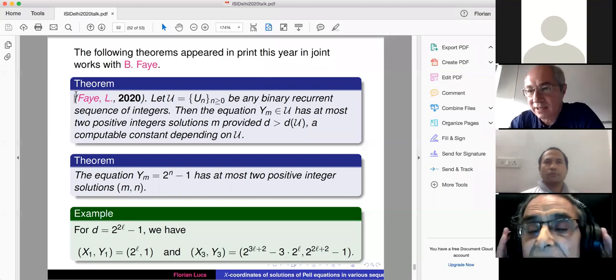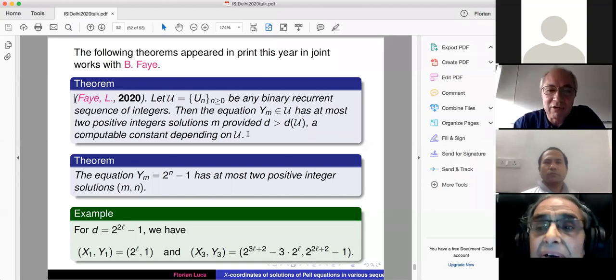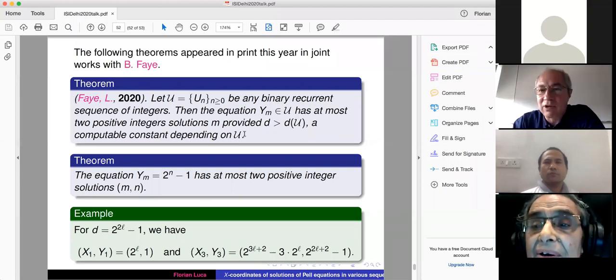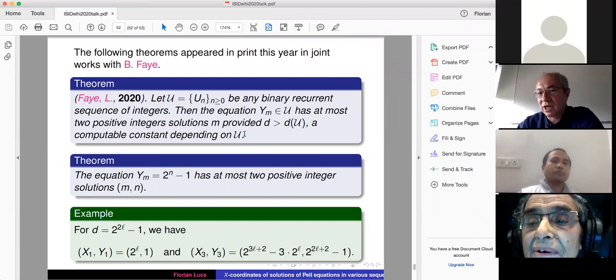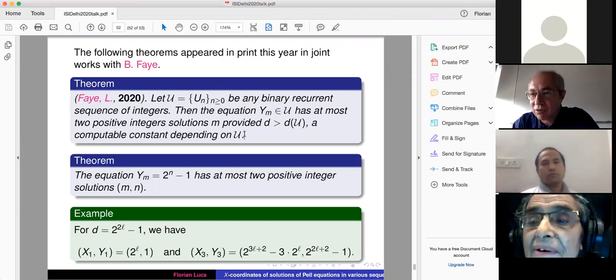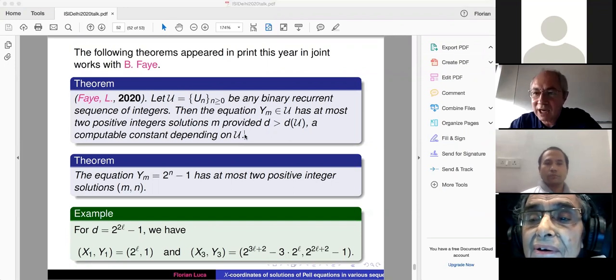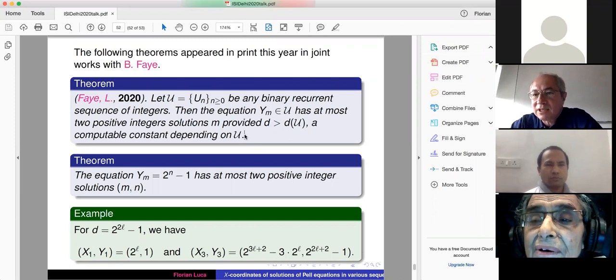That we haven't done yet. This is just the general result, but a general result, you know how it goes. You have some constants in there, and if you actually want to compute and follow the general methodology, you might not succeed because the computations are too big. So for particular cases, you have to be a bit clever sometimes. So we haven't done the specific Fibonacci and Luca sequences in that case.